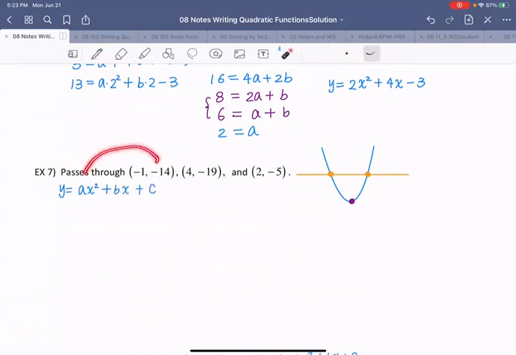Now let's plug in. Go ahead, Yarong. Y equals a times -1 squared plus b times -1 plus c, okay? That makes sense?